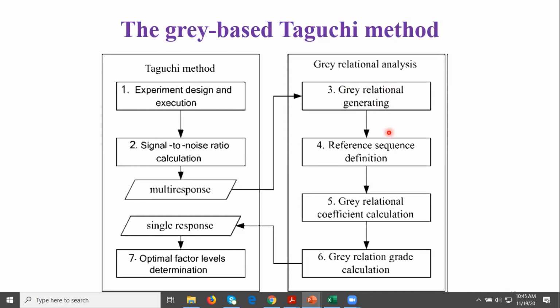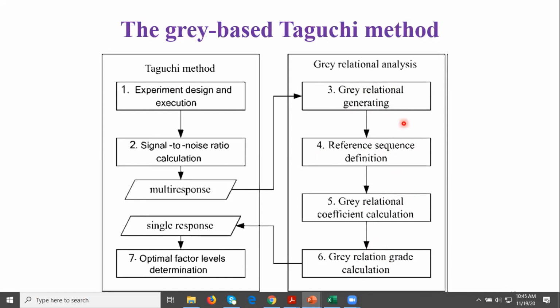Then they go for the reference sequence, then the gradation coefficient, and then the gradation grade. From the gradation grade, whatever maximum value you get from the experiments indicates the optimal value among all the experiments. That you can give as the conclusion.